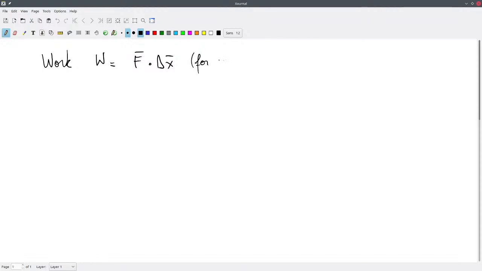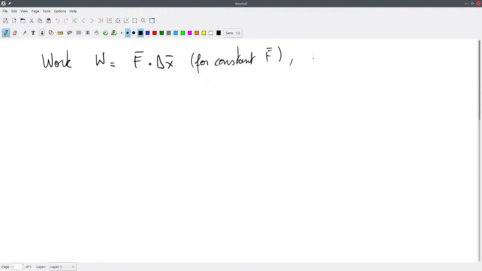So this is for constant forces only. If we don't have constant forces, then we would have to change that expression a little bit, and that's where the integrals come in.